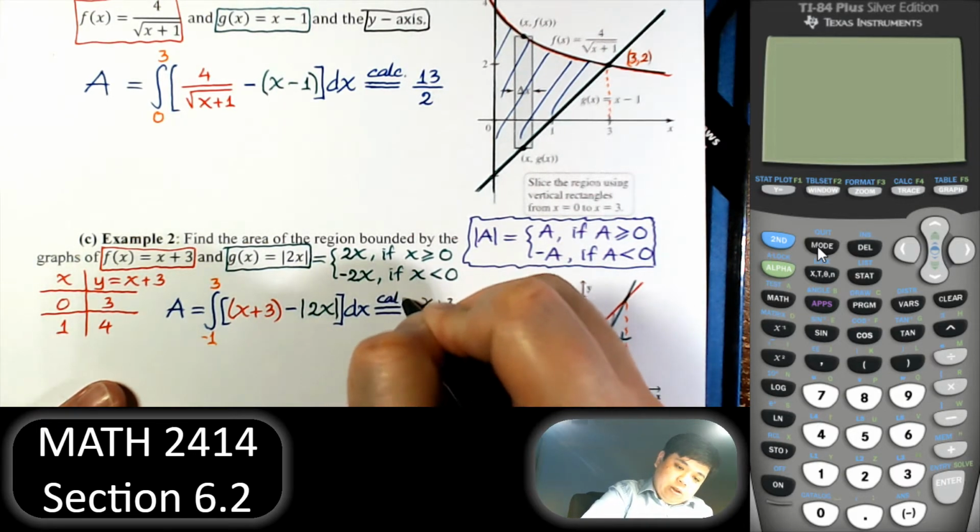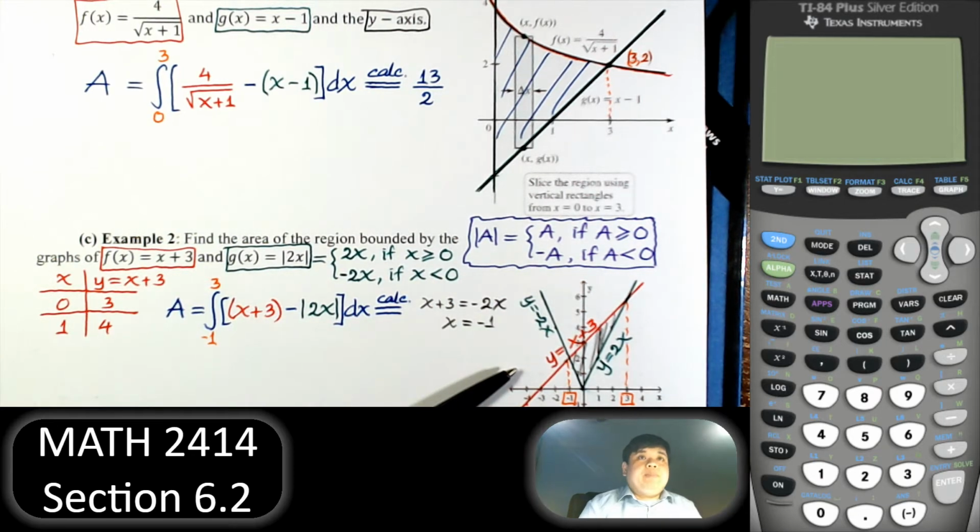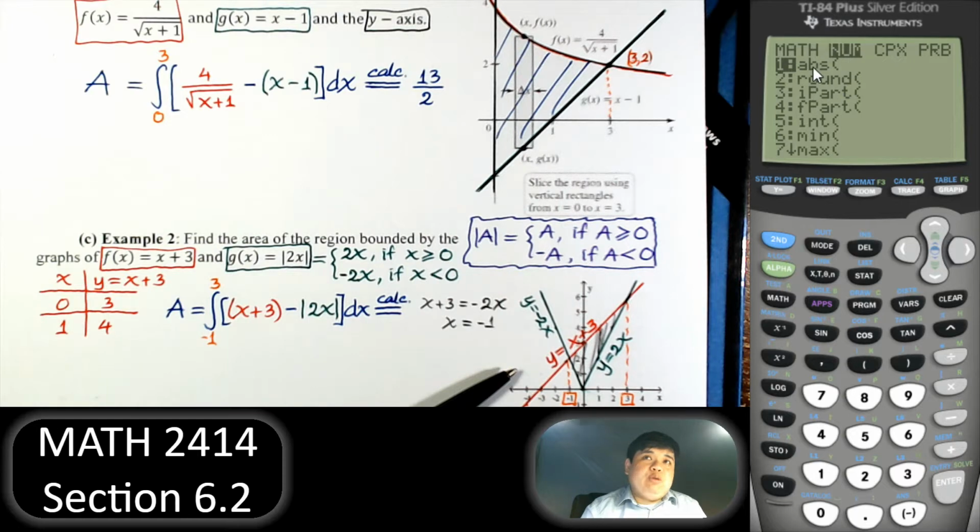Let's use the calculator for this part. Math number 9, that goes from negative 1 to 3. We have x plus 3, subtract absolute value, math, numerical, absolute value.